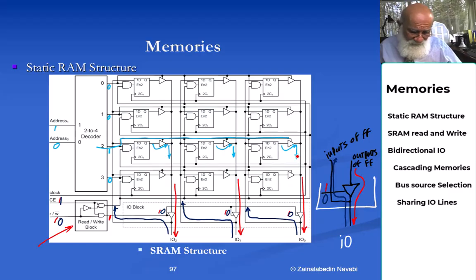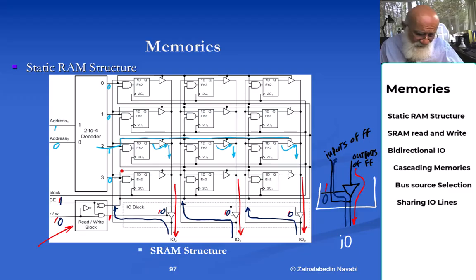And at the same time, if it's being read, this read-write block causes the red line to become the output, and therefore what you are seeing on row number 2 will be driving the output. On the other hand, if you're writing into the memory, this red line will not be acting as output.